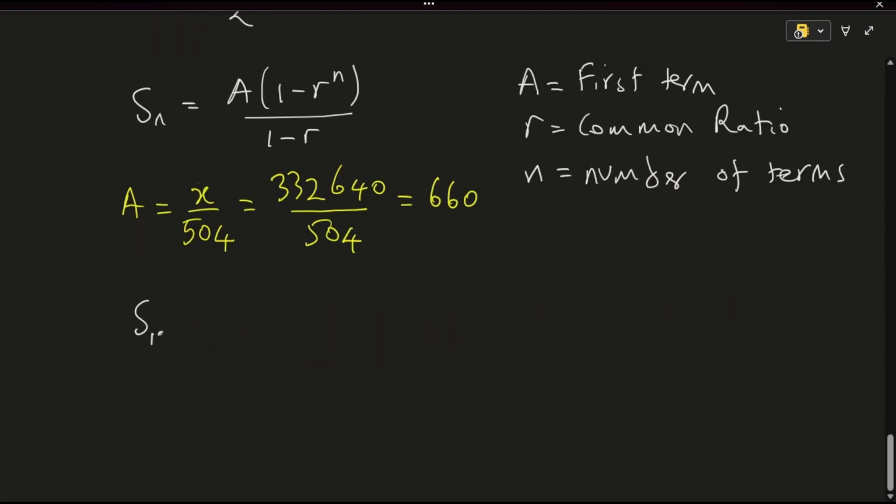So our sum to the first 13 terms is given as, our common ratio is half, n is 13.